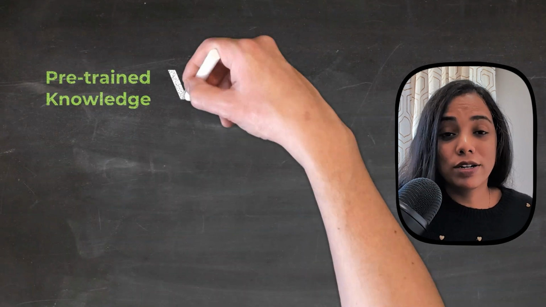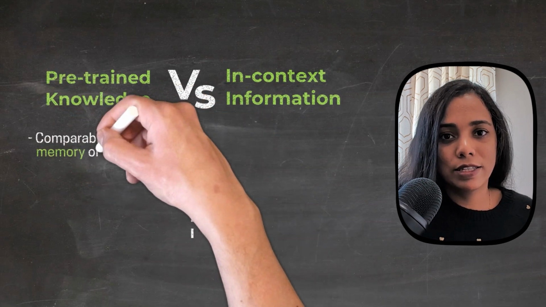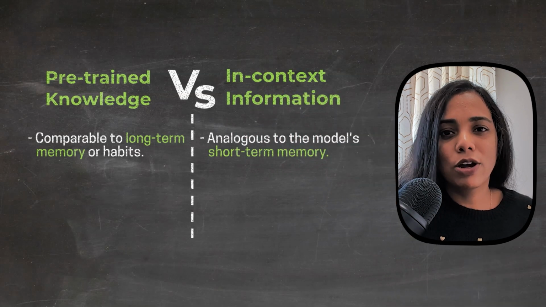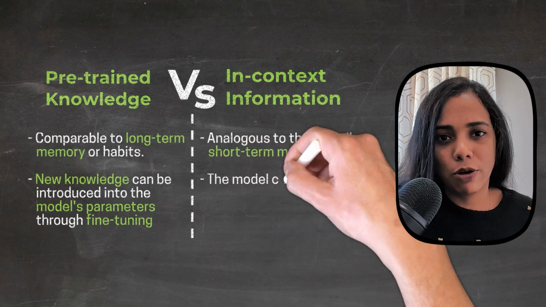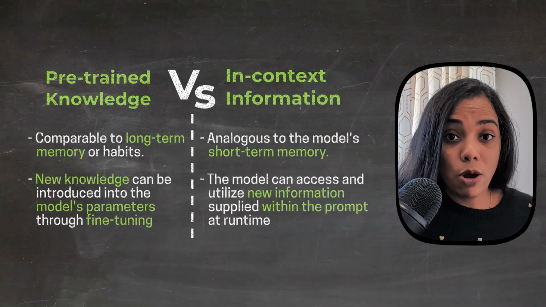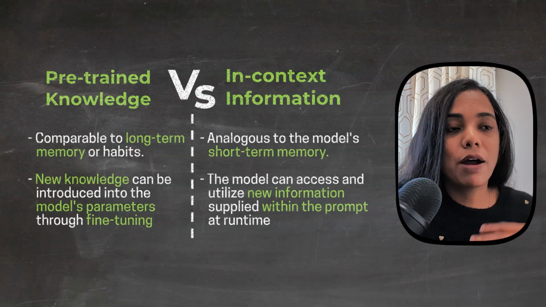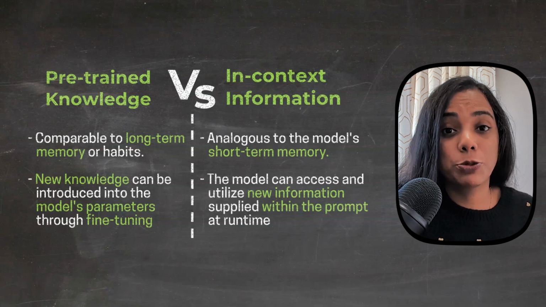So, to understand this, think of all the knowledge that the LLM has, the pre trained knowledge, as something like a long term memory, where it vaguely remembers all of these things. While the context that you provide when you ask a question, that is something that is a part of its working memory, and it can answer questions within that context much better.